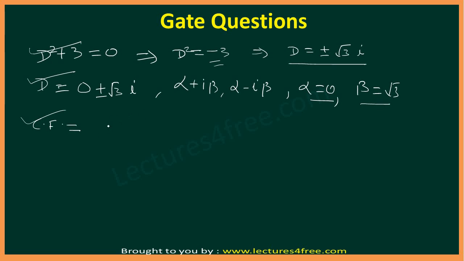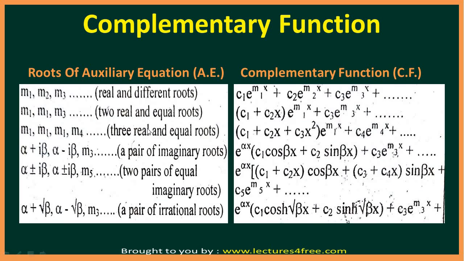The complementary function will be e to the power alpha x, here alpha is 0, plus c1 cos beta x, where beta is root 3. But here we will not write x, because x is representing the dependent variable in this question.